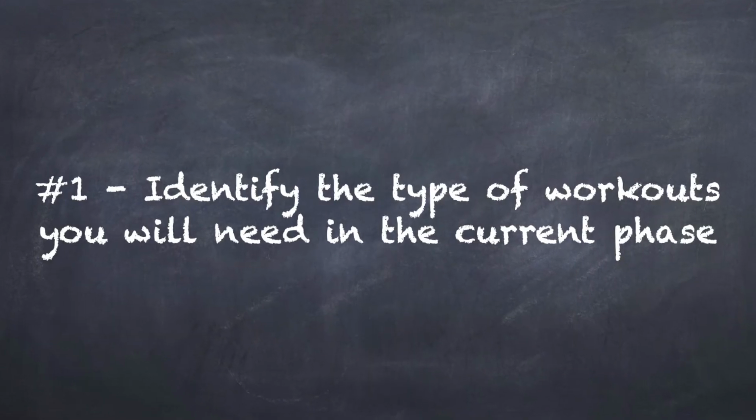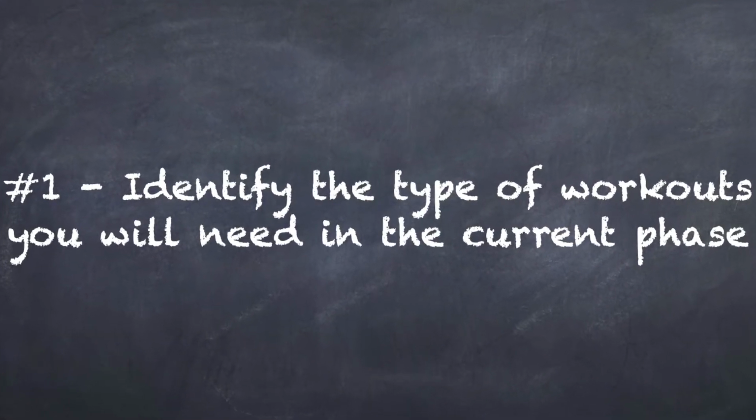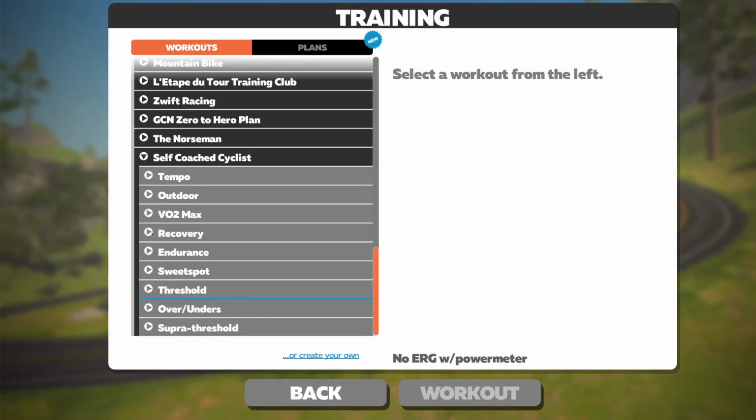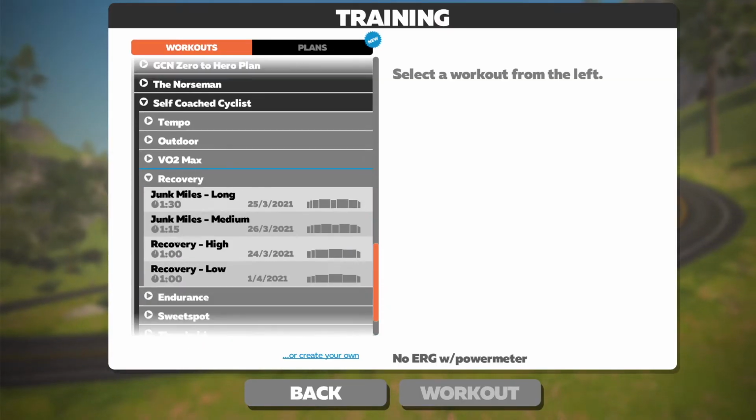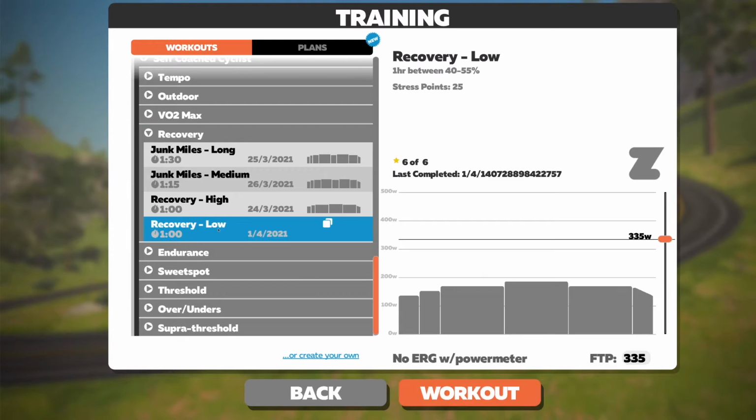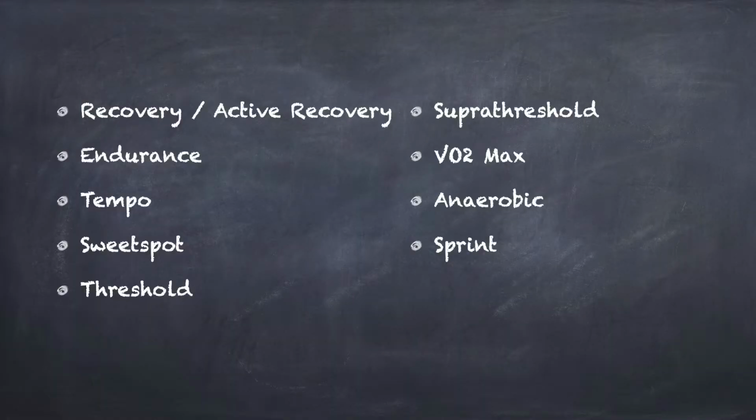So the first step for me in building out my workout library was to look at the types of workouts that I need for my current phase. If I'm in an aerobic endurance building phase, like a base phase, that's going to mean some recovery workouts, some endurance workouts, and I'm going to be phasing in over time some tempo and sweet spot workouts.